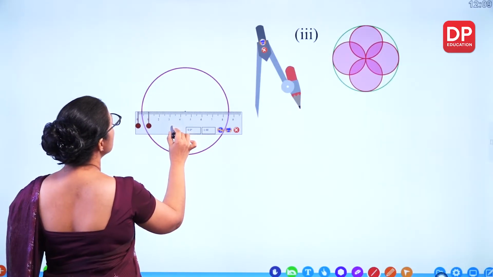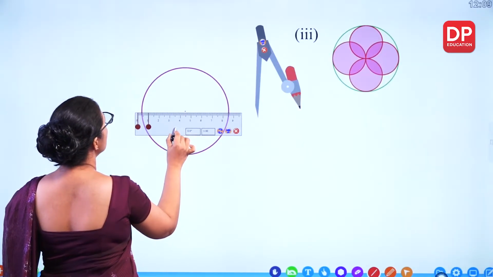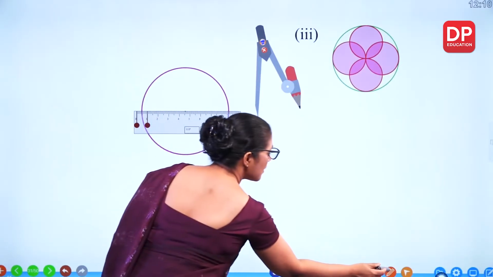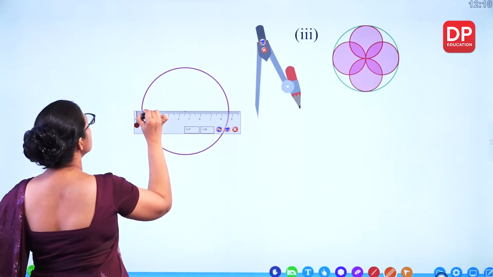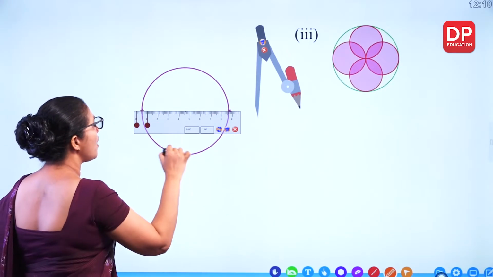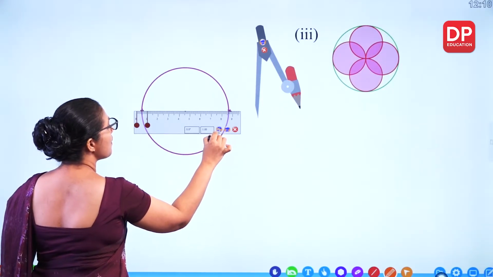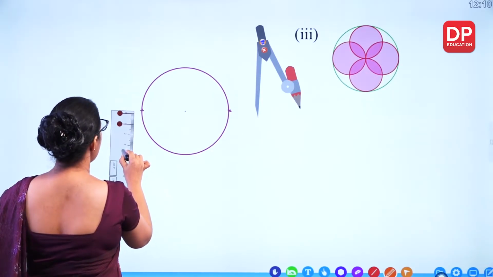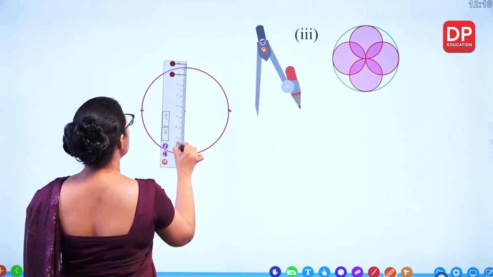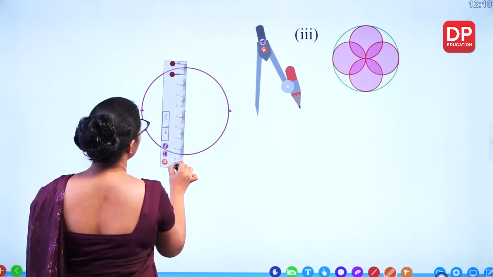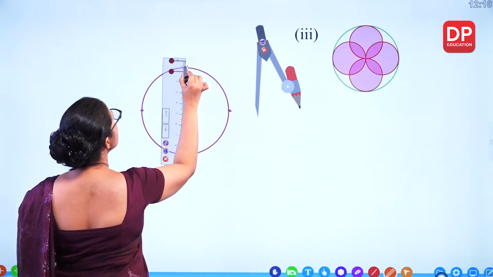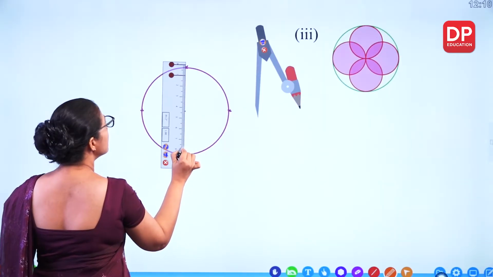I'll mark 2 points, 1 point this end and this end. And I want to mark the other side also, just to make sure that it's perpendicular to this one. Just mark the points here and here.